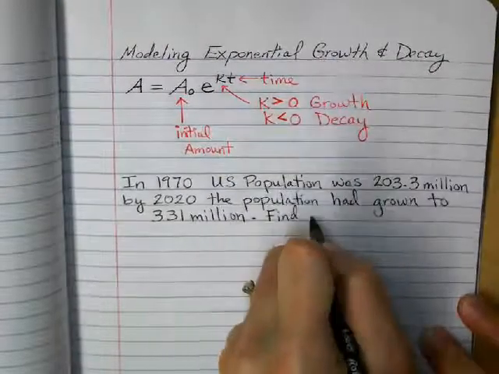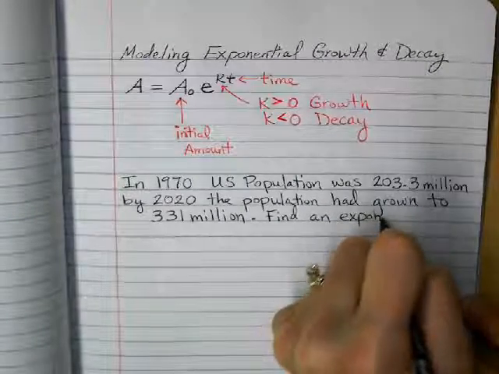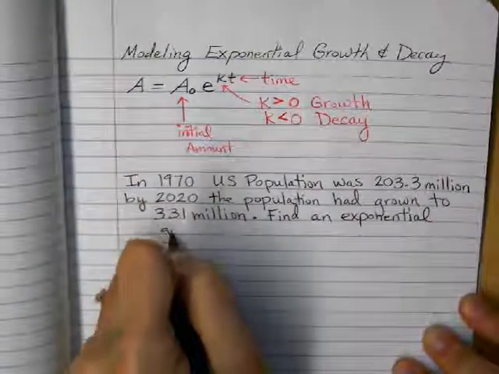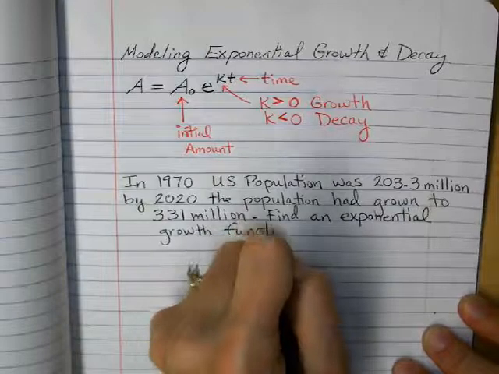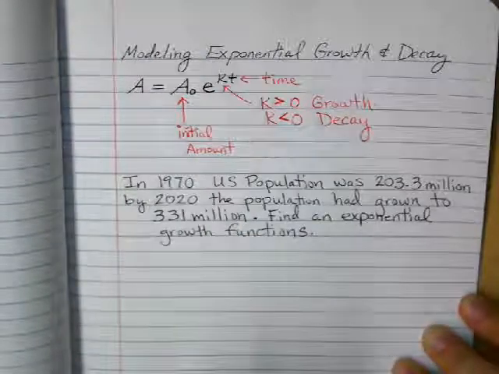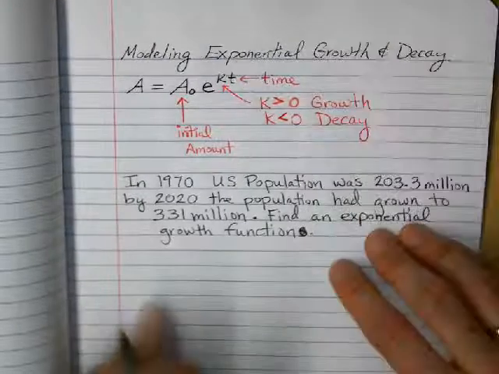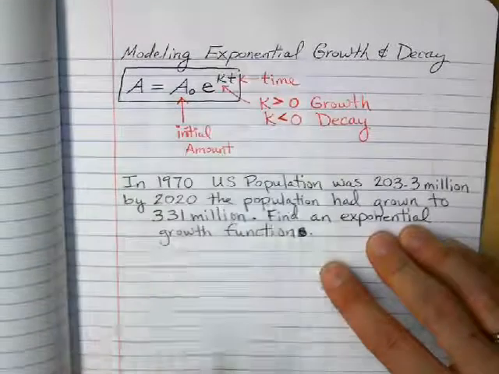Find an exponential growth function that models this. So we're trying to figure out the function, like an equation like this up here. That'll help us to model that situation.